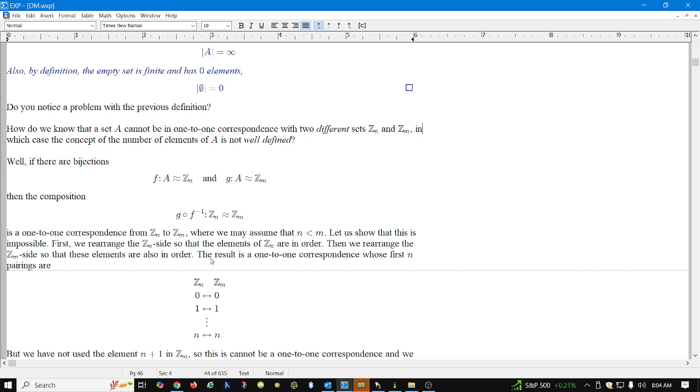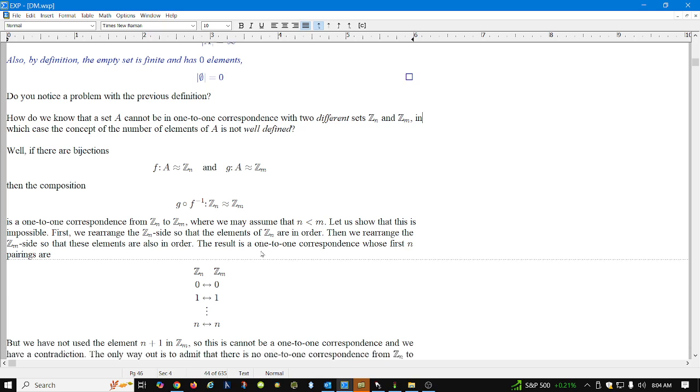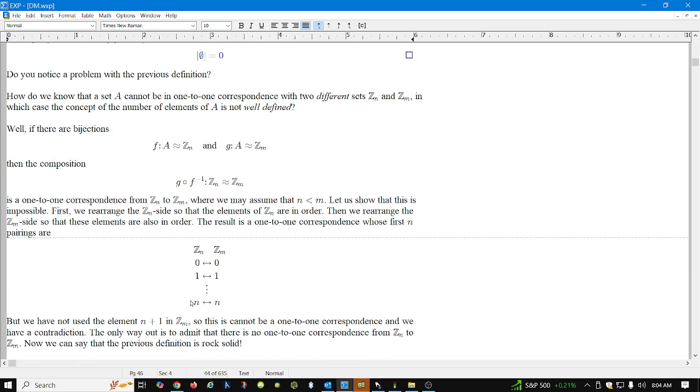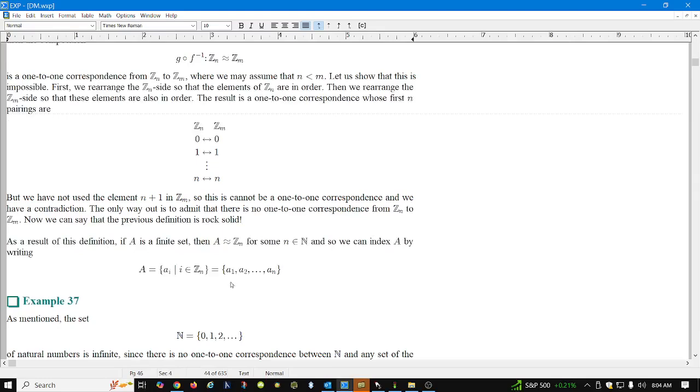Then we do the same thing on the Zm side. We still have a one-to-one correspondence. And the first n pairings, or the pairings from 0 to n, look like this. 0 pairs with 0, 1 with 1, and so on up to n with n.